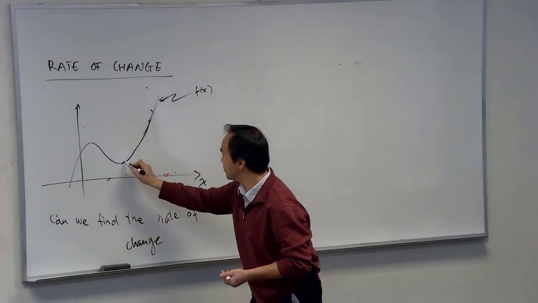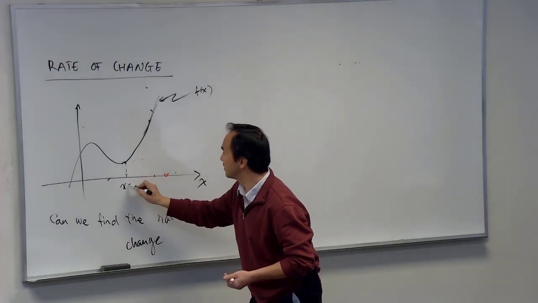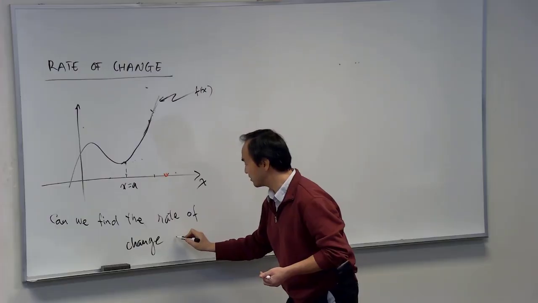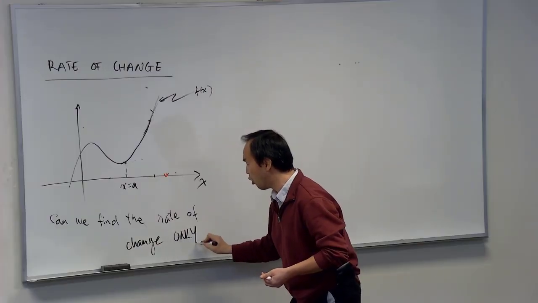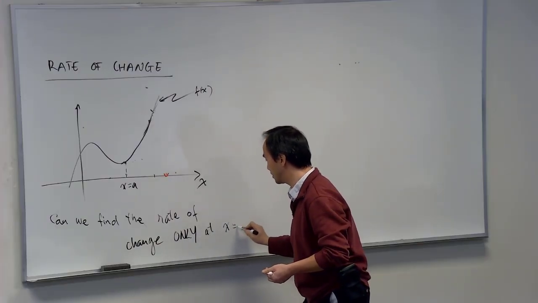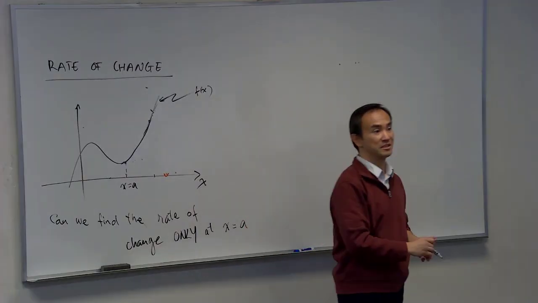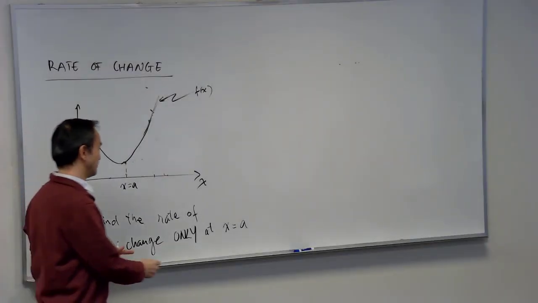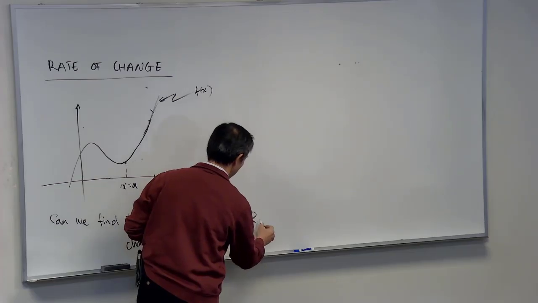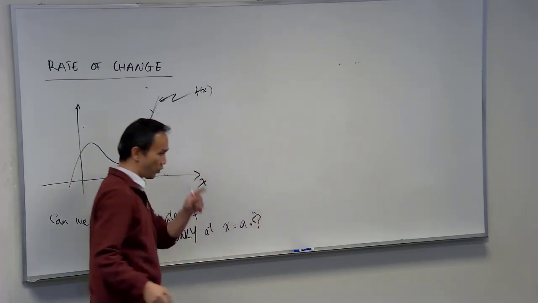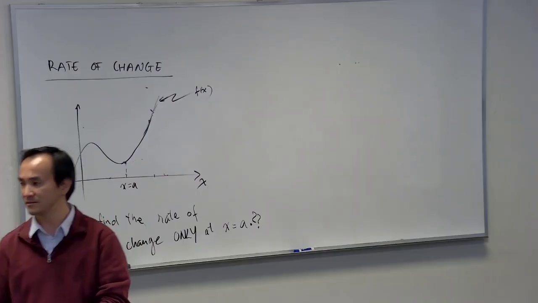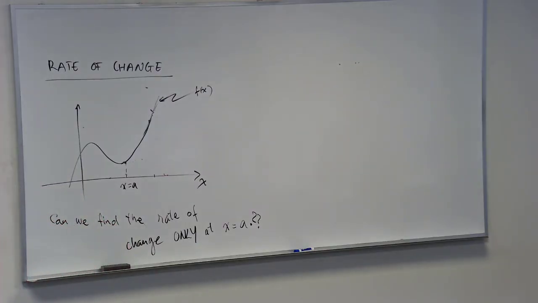Let's say I put a point A right here, x equals A. Can we find the rate of change, but here's the thing: the requirement is only at x equals A. The word to be highlighted here is that we want to find the rate of change, but only at that given value x equals A.